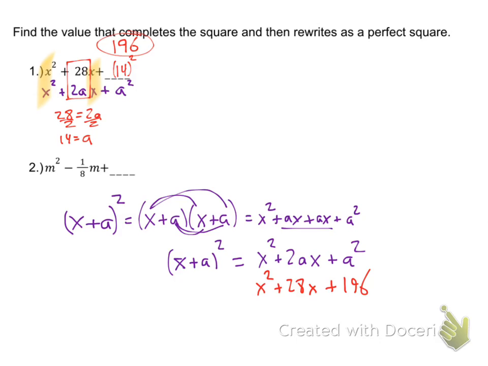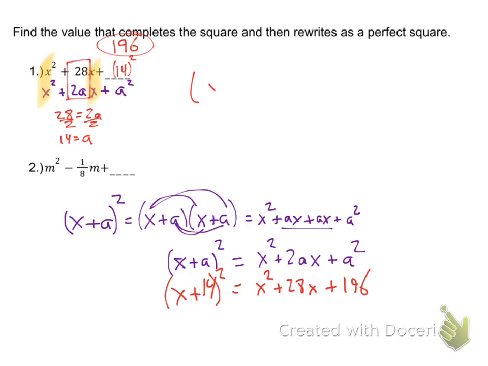I should be able to write it as x plus what? A. Wait a minute, don't I know A? We do. What's A? 14.